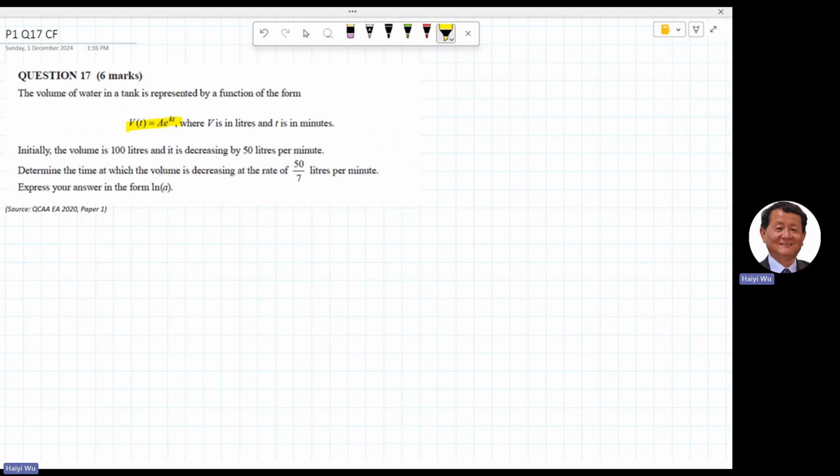So we've got two conditions given. One is when time equals 0, which is the initial value, the volume is 100 liters. The other one is that the velocity is decreasing at 50 minutes. That means the initial velocity is decreasing.